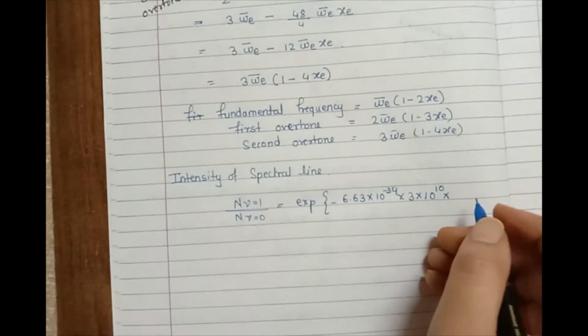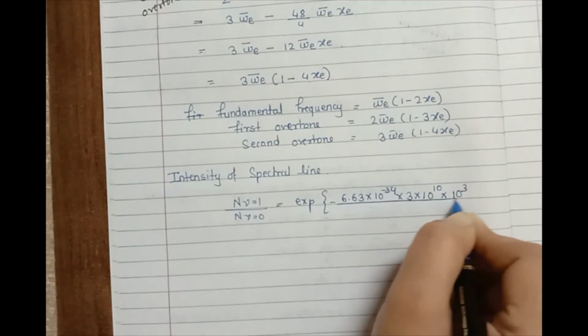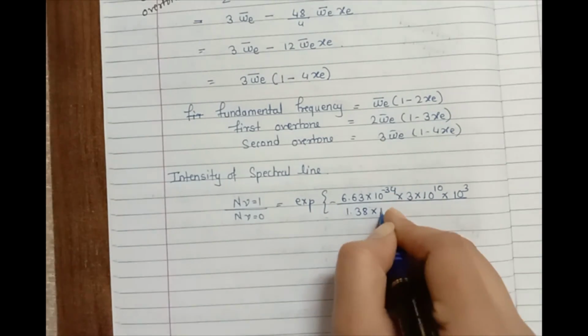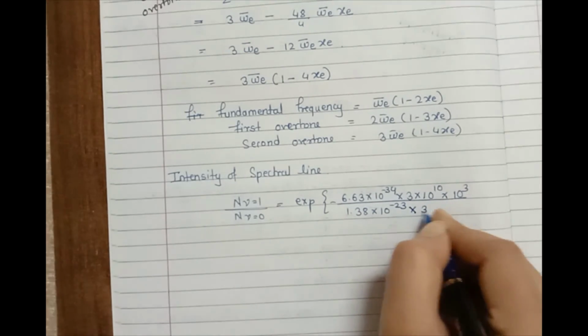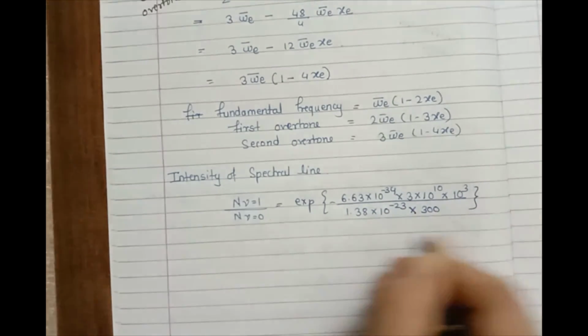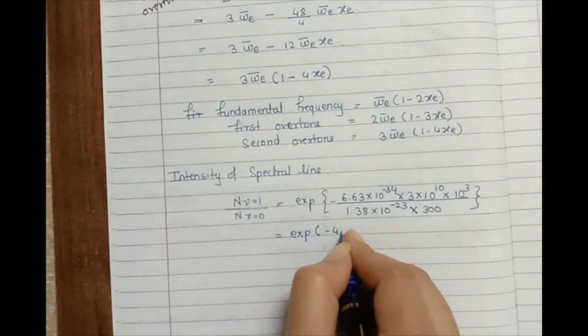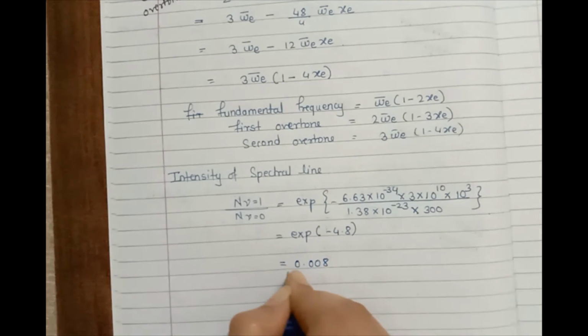Here the energy is in the order of 10 raised to 3, obtained for the vibrational energy levels, and k, that is 1.38 into 10 raised to minus 23 into 300. When we solve this, we get exponential of minus 4.8, and that value is 0.008.